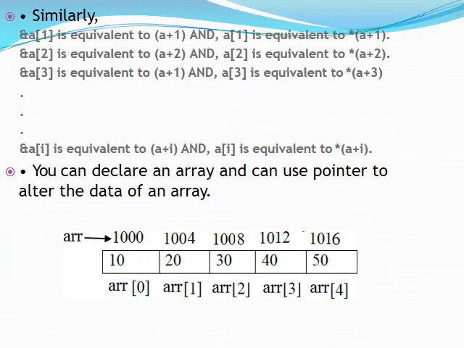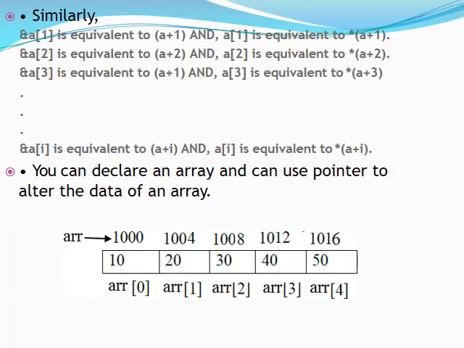In this slide we can see how arrays can be represented in terms of pointers. They have given it as &a[1] is equivalent to a plus 1, and a[1] is equivalent to *(a plus 1). Similarly we can represent an array in this format in terms of a pointer. Similarly, we can declare an array and you can use a pointer to alter that data also.